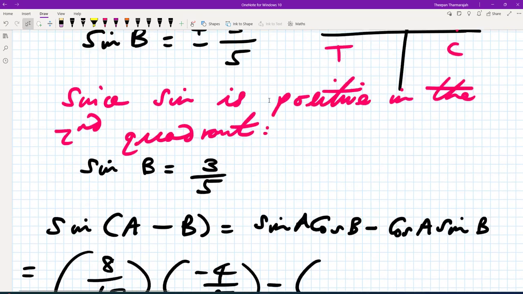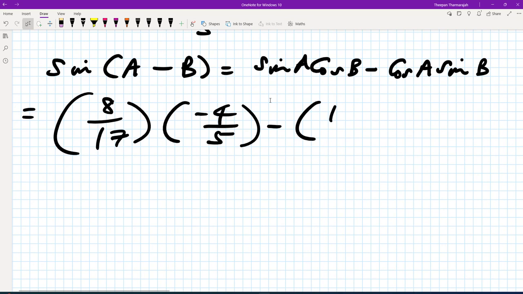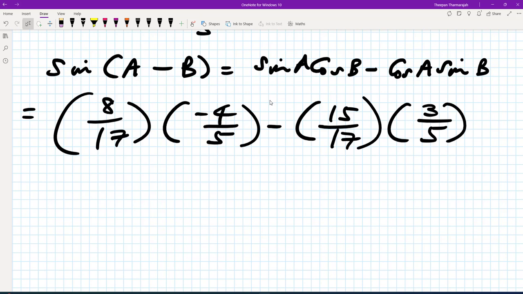Minus cos A, which is 15 over 17, times sine B, and that's 3/5. So we can type that into our calculator and write down the result. And that works out to be minus 77 over 85.